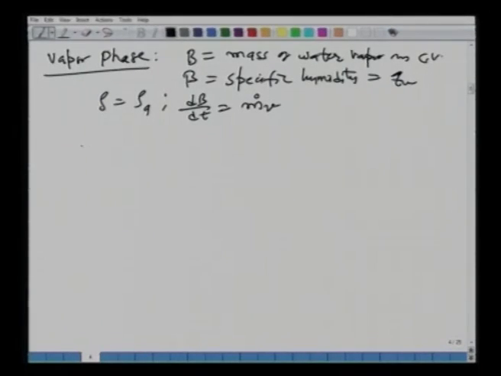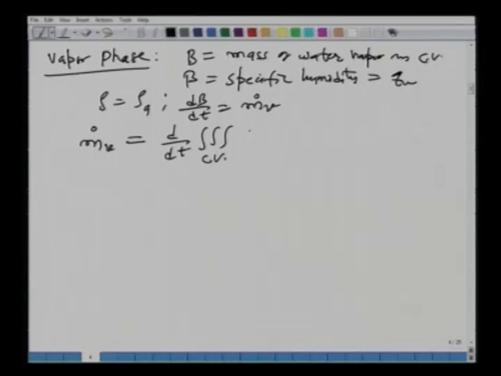All right. So, when we put all these things in your Reynolds transport theorem, the left hand side is dB over dt, which is mv dot, is equal to, again you have the time rate of change of extensive property stored within the control volume. You have to remember this expression by heart, it should just come out automatically. So, this is going to be equal to beta is qv, rho is rho A and dV.